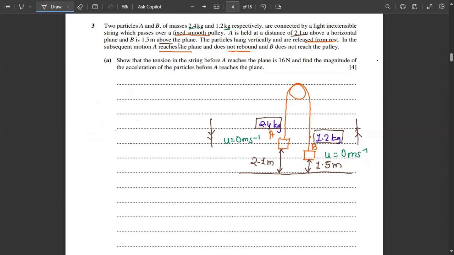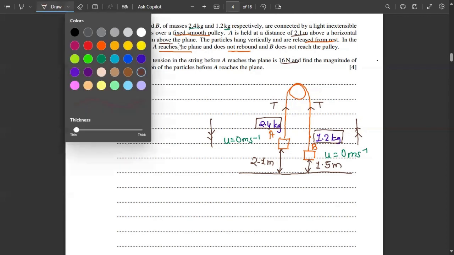Show that the tension in the string before, so the tension, if we have to label, tension will be in the upward direction. So tension in the string before A reaches the plane is 16 Newton, and find the magnitude and the acceleration. Okay. So now let's solve for A first.